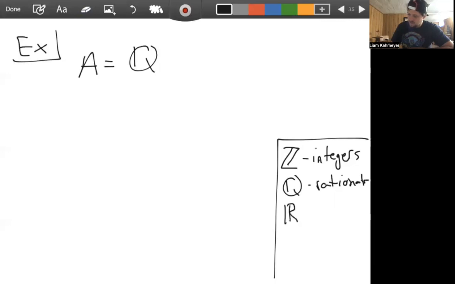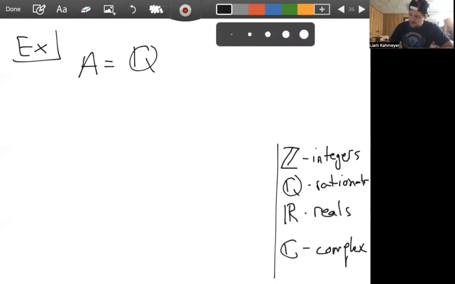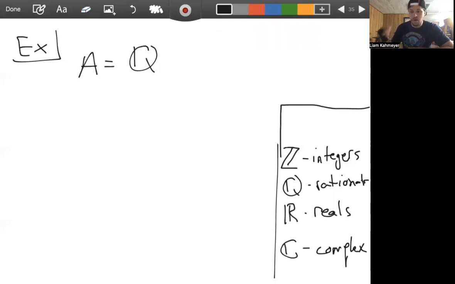R is the reals. And then C is complex. If you want just positive integers, then you have the naturals, right? Or whole numbers. So anyway, Q is the rational numbers.